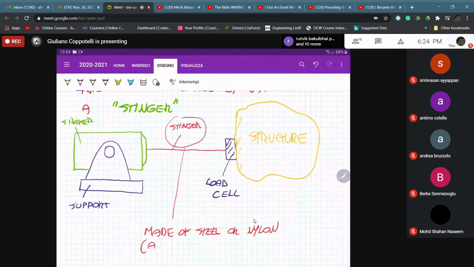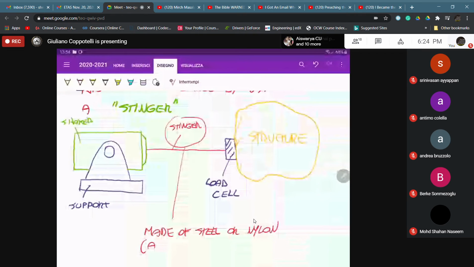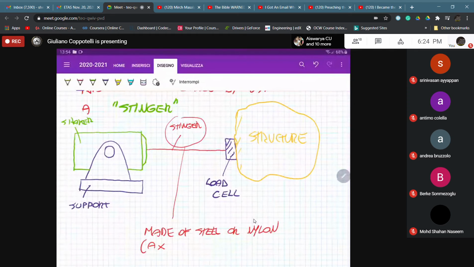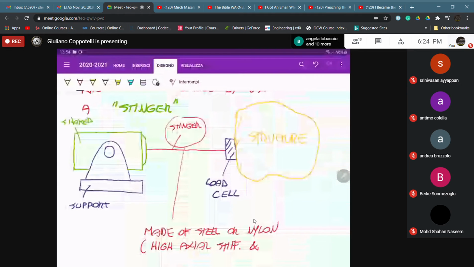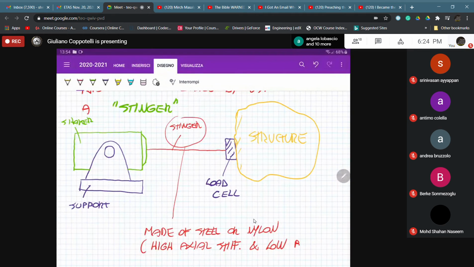What they must have is a very high axial stiffness and low bending stiffness.